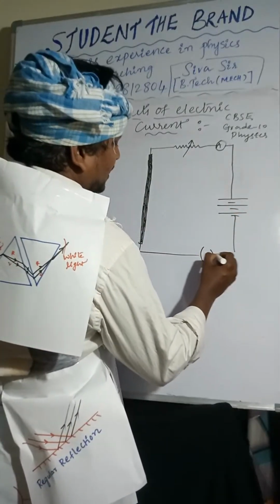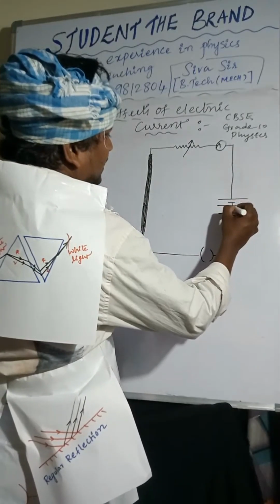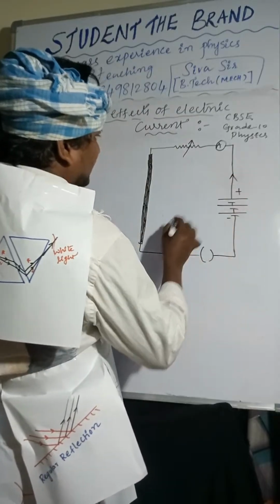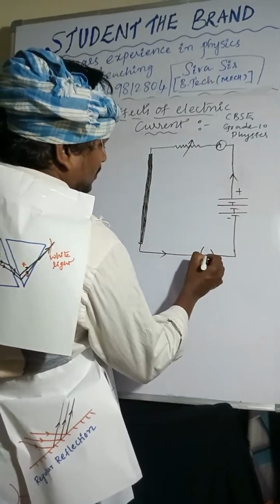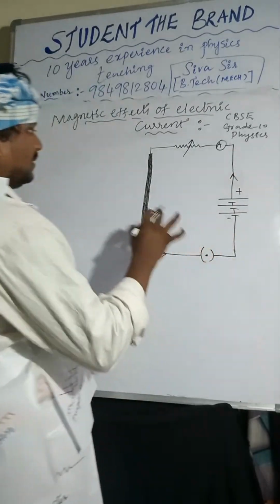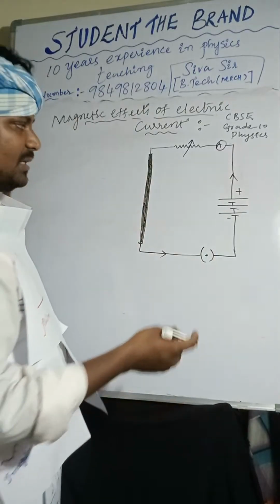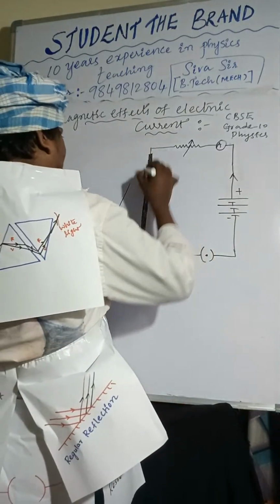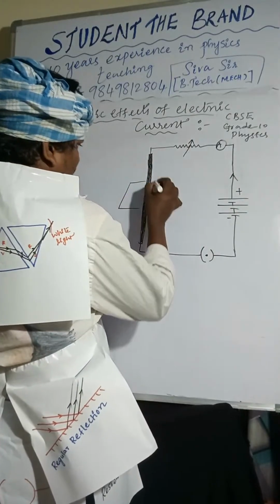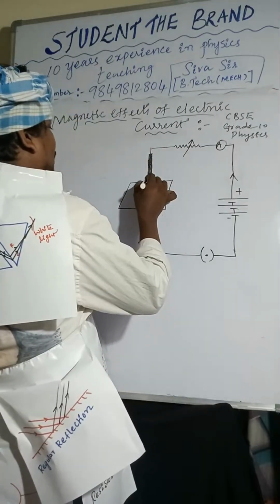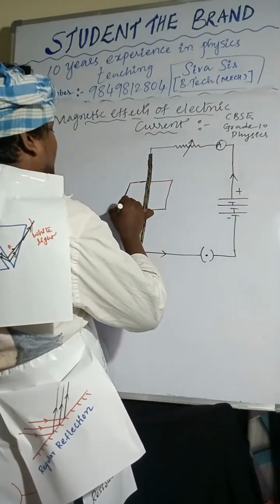Current is passing like this. I am taking the current direction like this. Close the switch, and current is passing through the straight conductor, a thick copper wire. So I placed a cardboard.